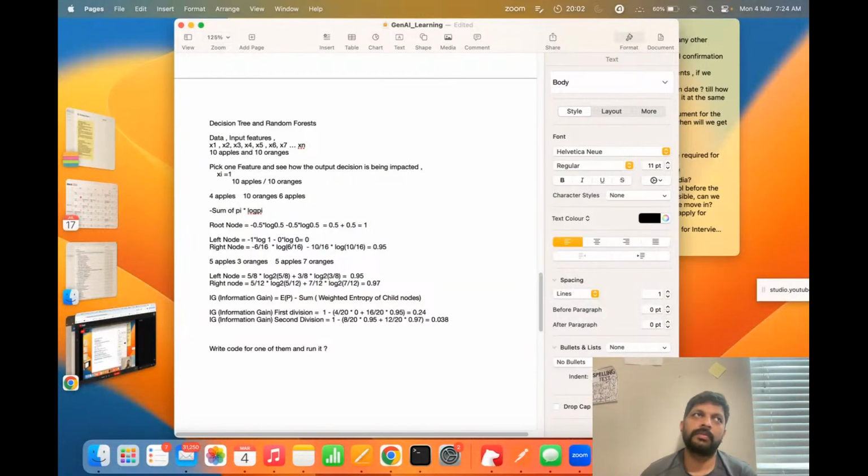I think initially what they did is they blindly picked up values. For example, x1 is continuous with values like 4, 7, 24, 20, something like that.